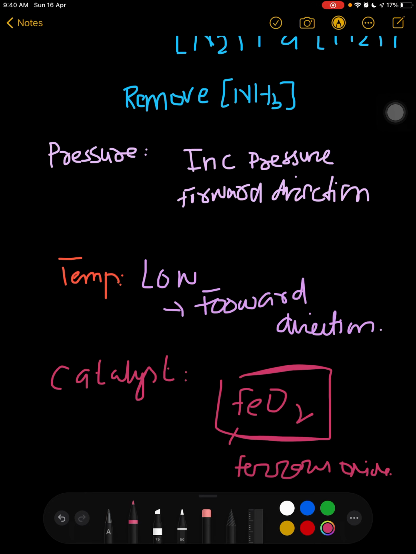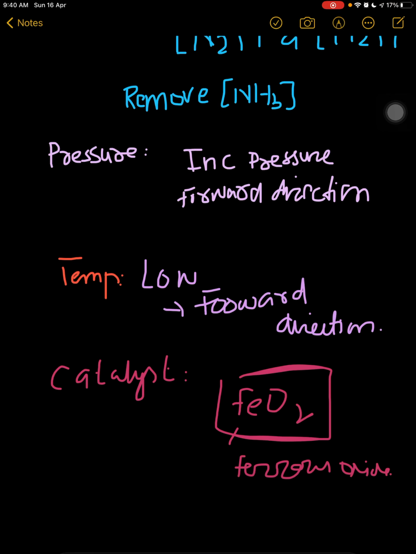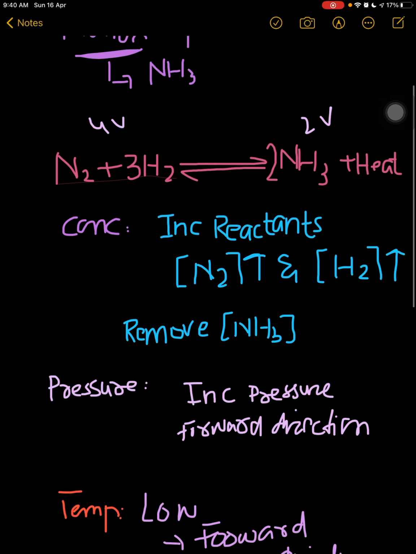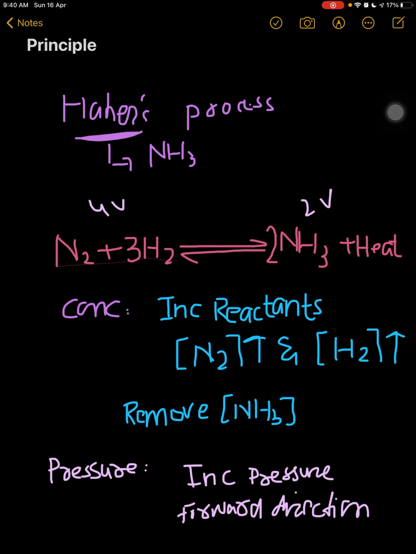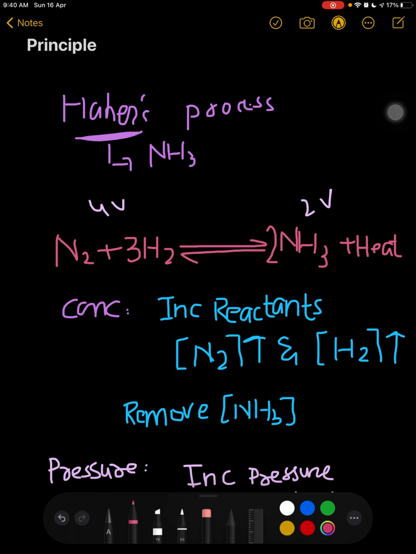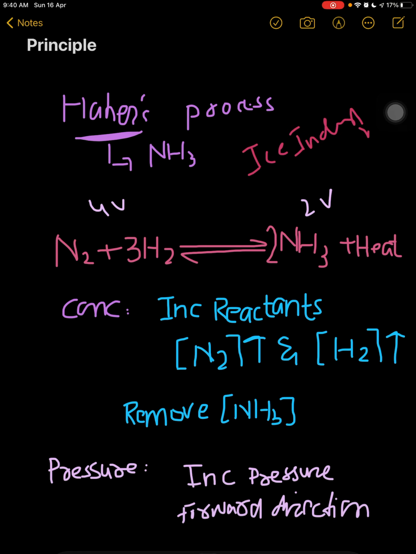This is basically the work of a catalyst. So this is how ammonia is made through the Haber's process, which usually happens in the ice industry, or you could say ice factory, right?